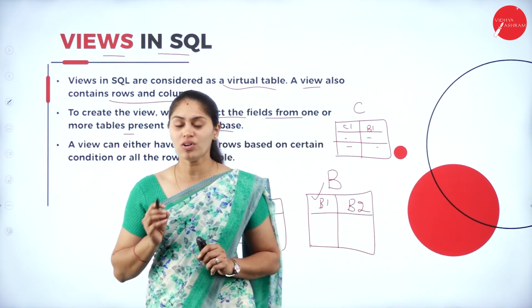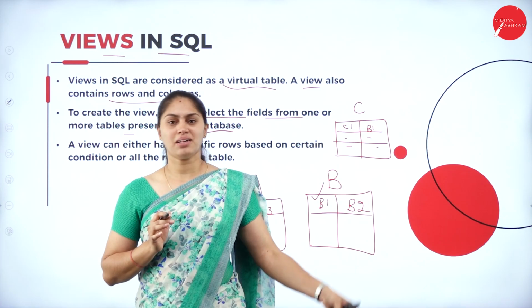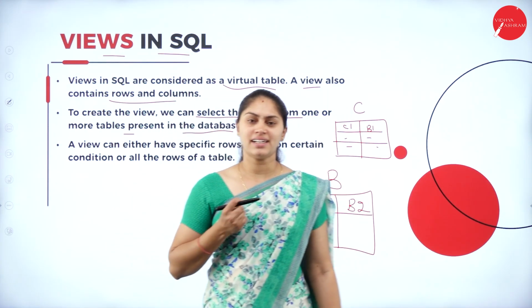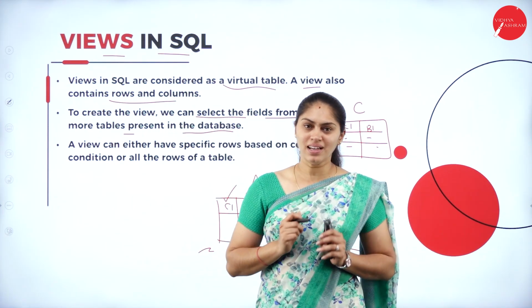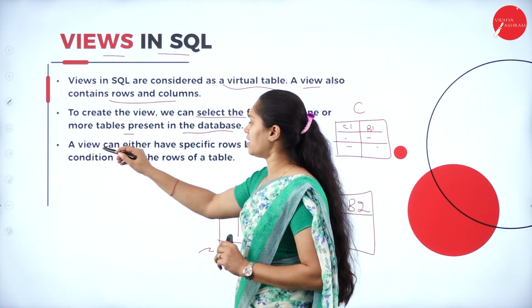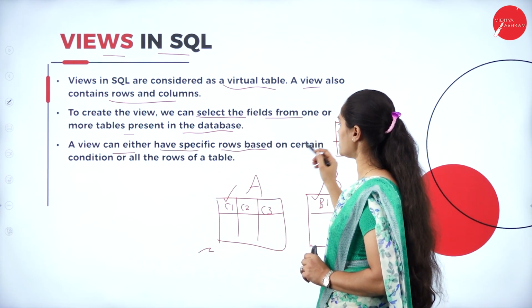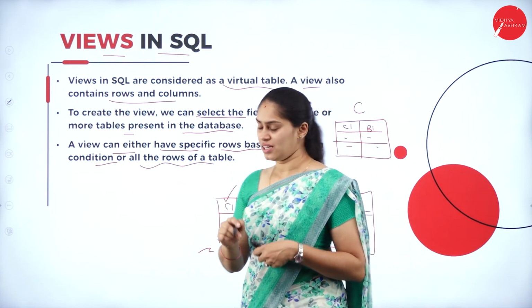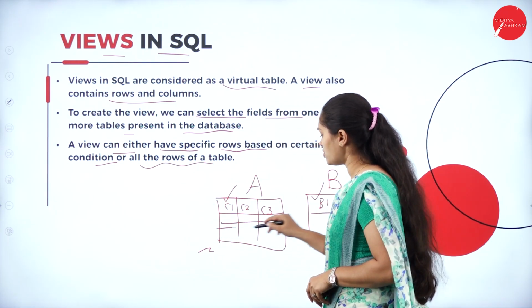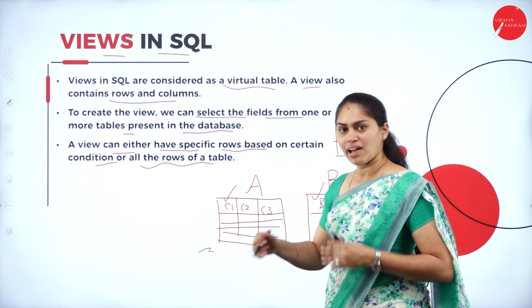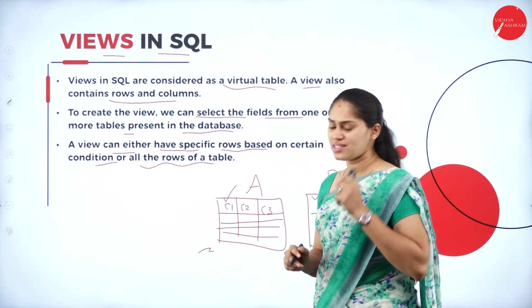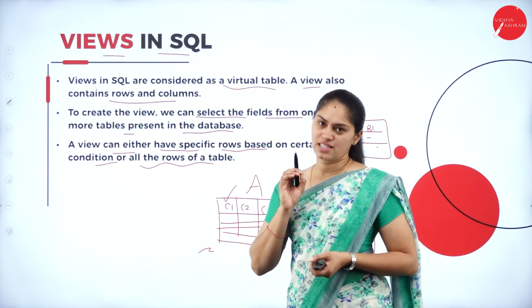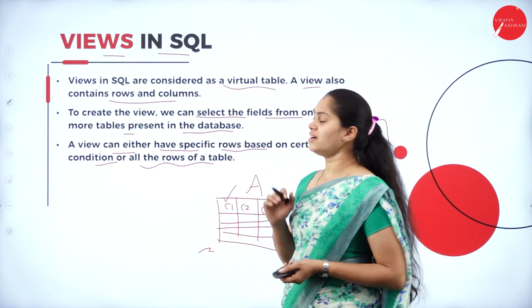We can create a view from a single table by taking multiple columns, and also we can take the columns from multiple tables as well. So a view can either have specific rows based on a certain condition or all the rows of a table. Here, whatever the number of rows we have in table A, I can have all the rows, or else based on a certain condition, I can have specific rows. That is what we can do in views.